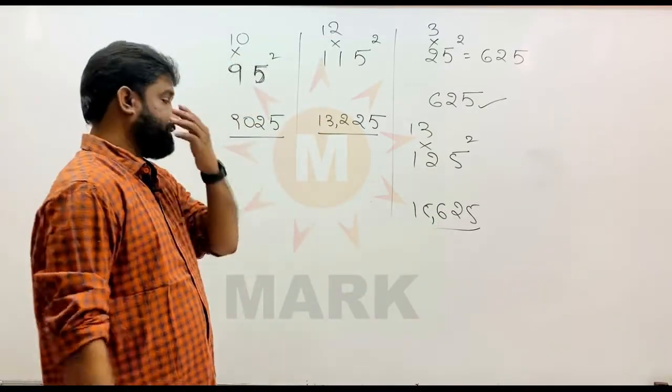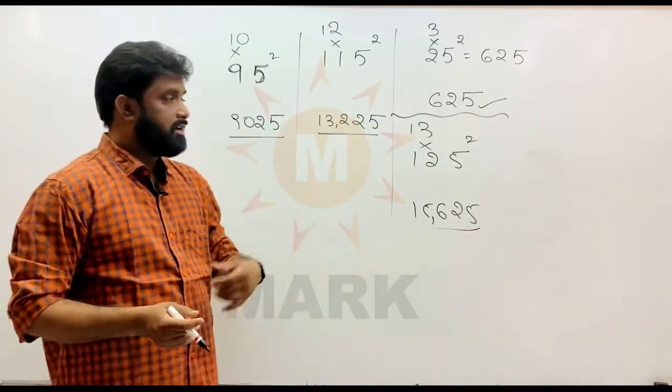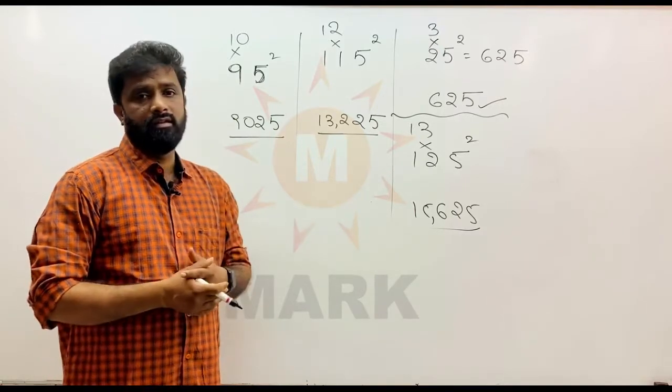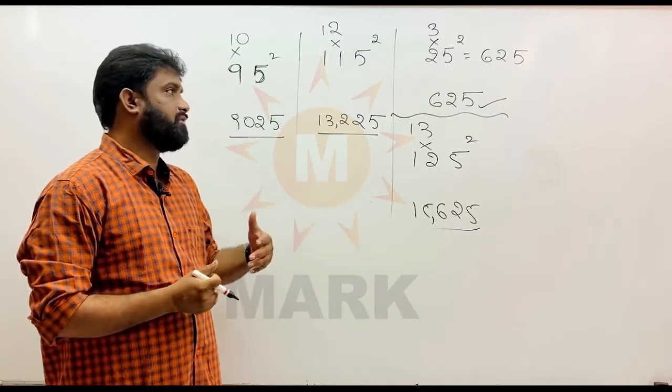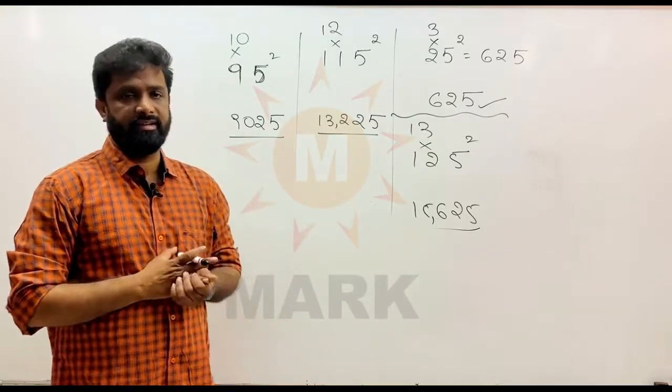The (a plus b) whole square technique is a general technique. In this way also, we can find the whole square of a number ending with 5. So this is a special technique.